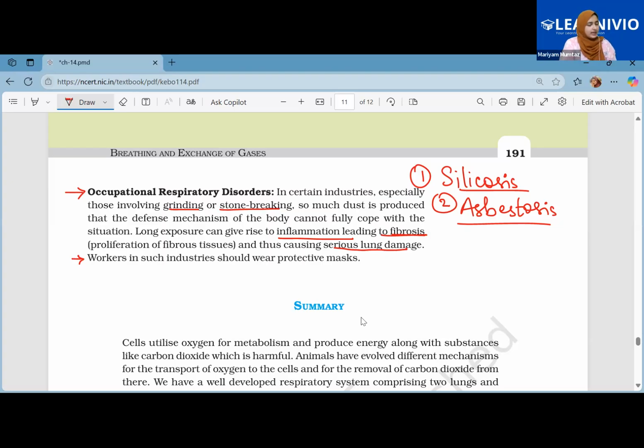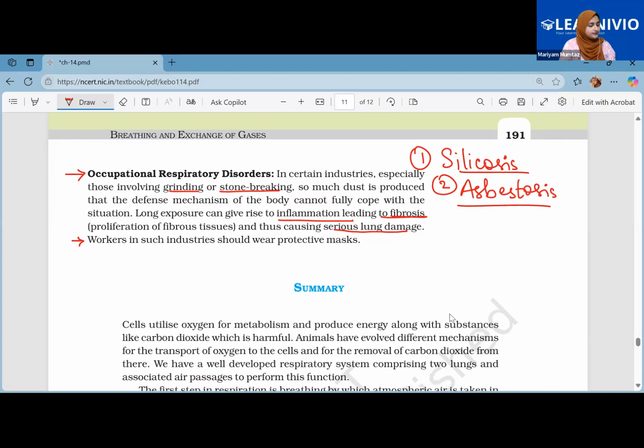Have you people heard about hay fever? Not hay, H-E-Y, but H-A-Y, hay. What happens in it? There are a few more diseases, two more. The next is hay fever. Many times, because of the release of pollen, some people are allergic to pollen, some people are allergic to dust and stuff.